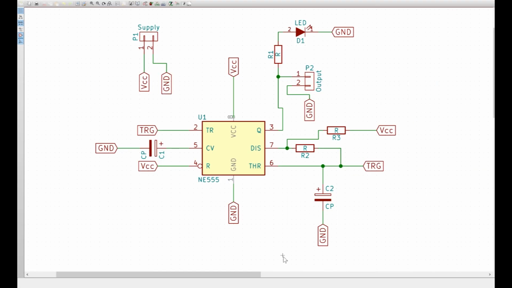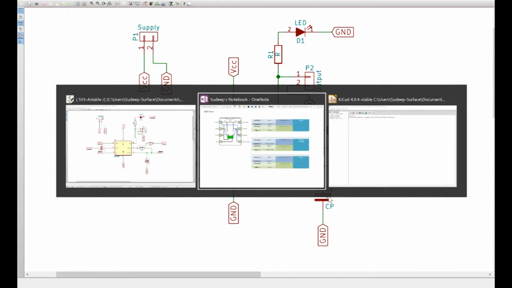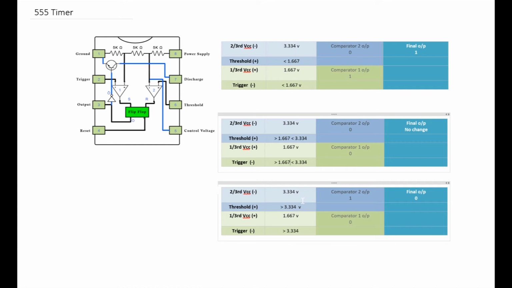Now once this capacitor gets charged further and the voltage across the capacitor is greater than 3.334 volts, which are the inputs to the threshold and the trigger, we see a change of status. Comparator 1 is comparing 1.667 volts on the non-inverting terminal, and the inverting terminal has a value greater than that, so the output is 0.